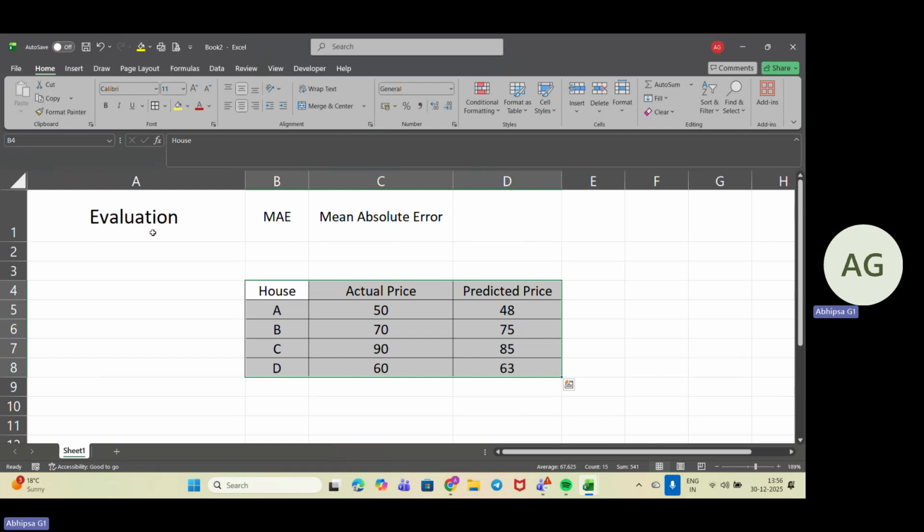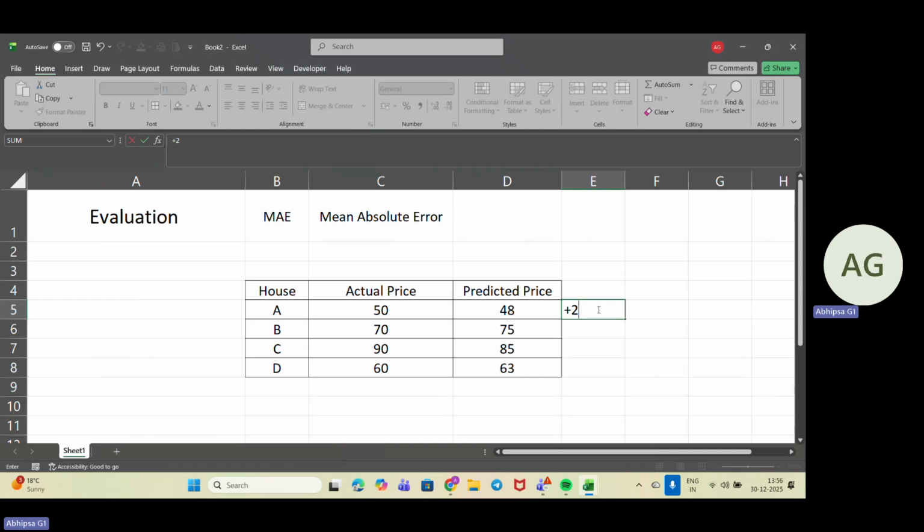So the first step would be finding the error in each of the houses. This would be actual minus predicted. So 50 minus 48 is 2, that is plus 2. Let's take it as plus 2 within quotes so that it can state accordingly, because we just need to give you an idea of what exactly is the part.